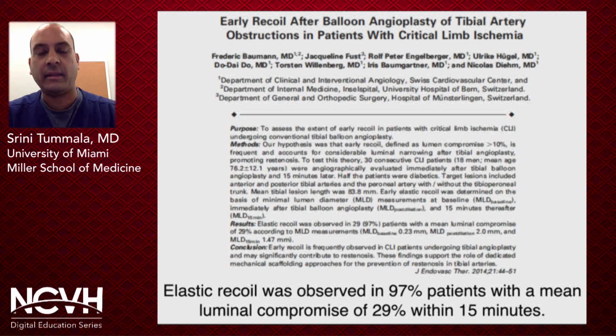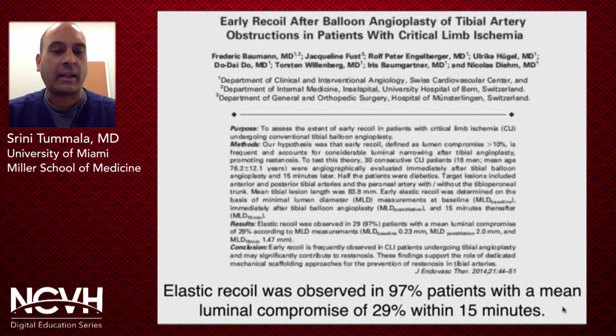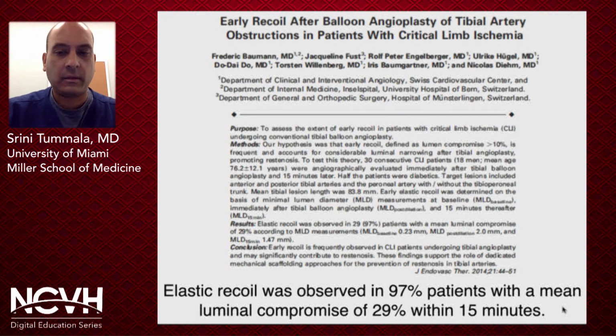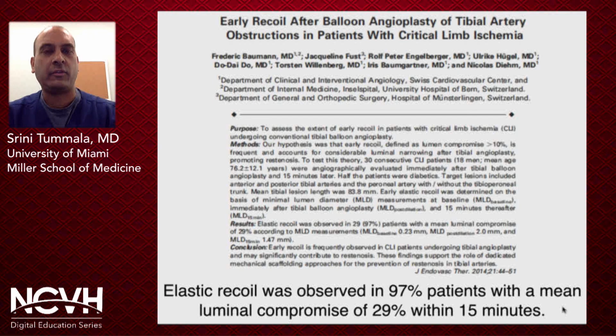They waited 15 minutes, then repeated the angiogram, and what they found is that in 97% of patients, there was a compromise or recoil of about 30% within 15 minutes. Think about that. You have a 2 or 3 millimeter vessel, and you're losing 30% of that luminal caliber within 15 minutes. You can see how this really affects patency rate and long-term success of your therapy. So proper sizing of your angioplasty balloons with IVUS or EVUS, extravascular ultrasound, is very, very important.